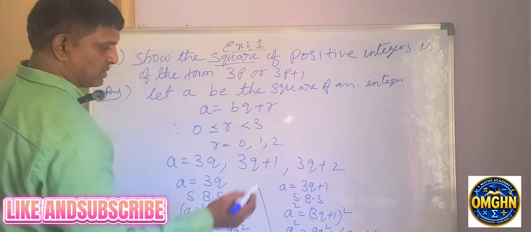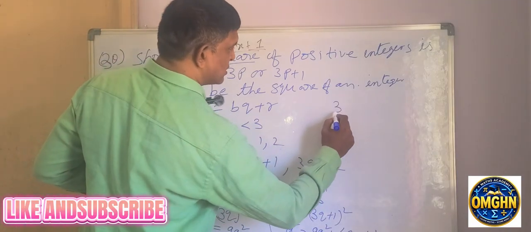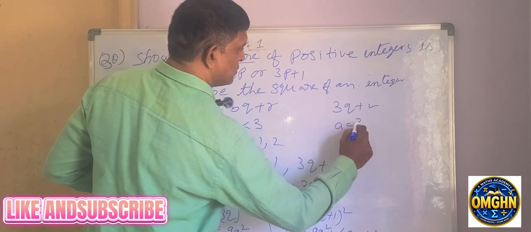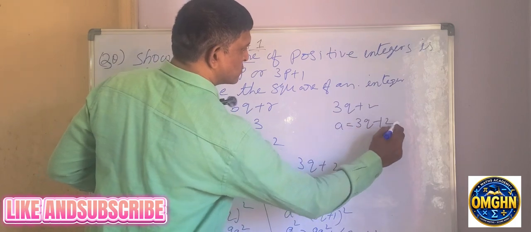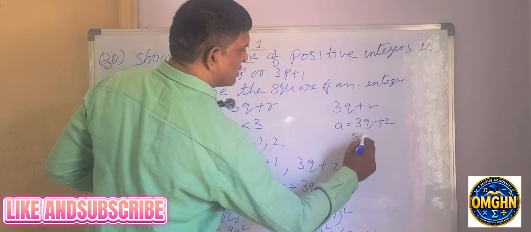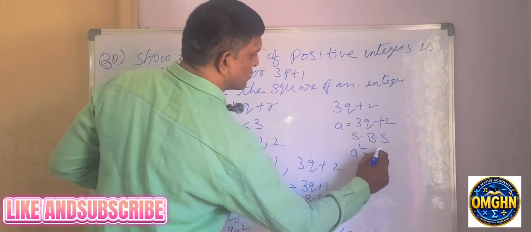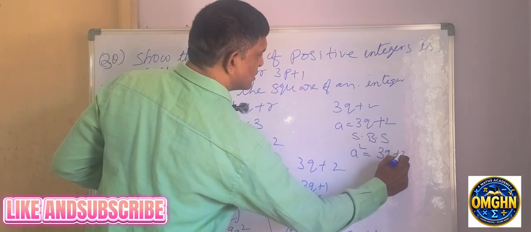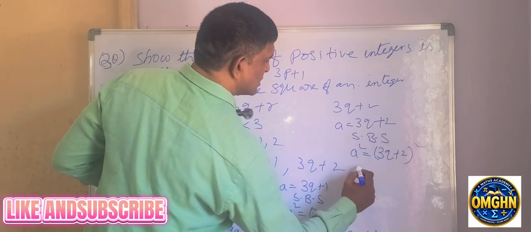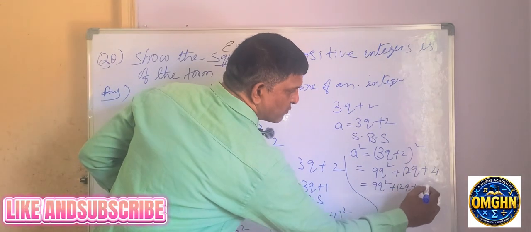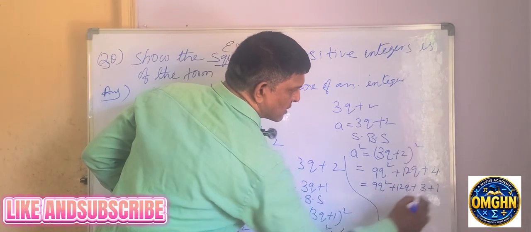Now again one more thing is left out, that is 3q plus 2. A is equal to 3q plus 2. Here also squaring both sides. That is a square equal to 3q whole square plus 12q plus 4. 4 I can write as 3 plus 1.